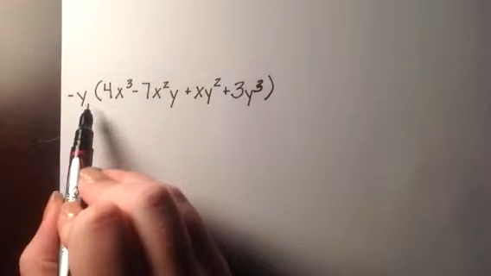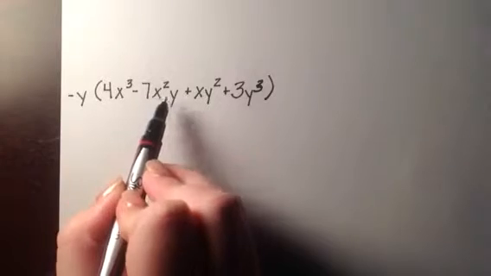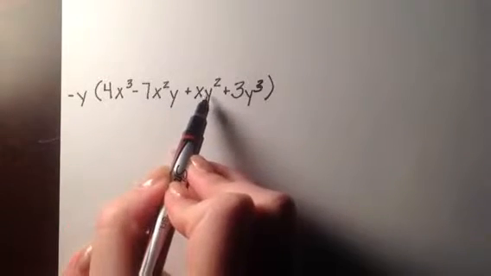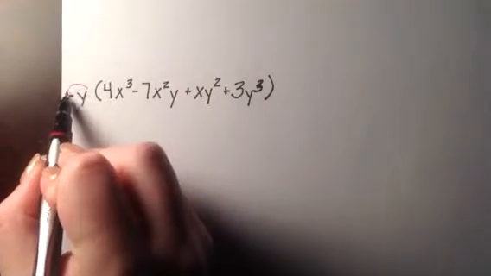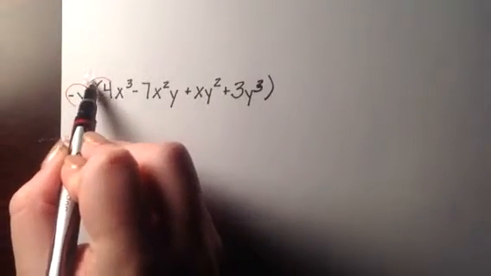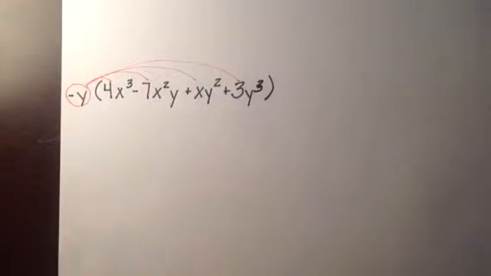I have negative y times 4x cubed minus 7x squared y plus xy squared plus 3y cubed. I'm going to take that negative y and distribute it to each of the terms that are inside those parentheses.